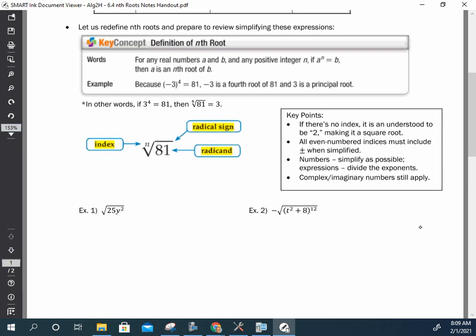So that gives us the concept of an nth root. So an nth root, the standard notation for it is the nth root of some value a.